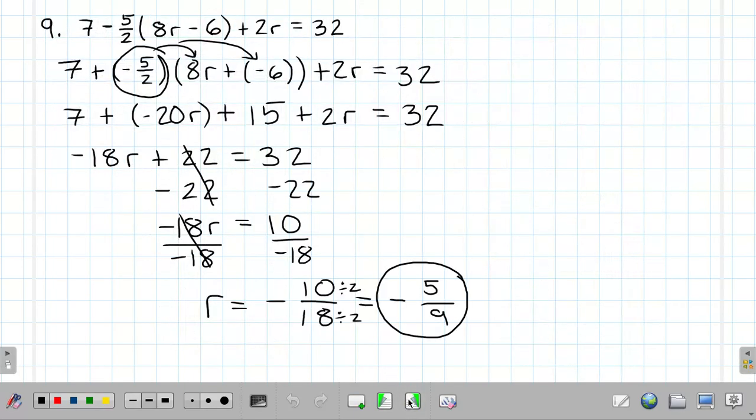Like I said, I know a lot of people look at this and they see all these numbers and letters all over the place, fractions even, and they get overwhelmed. But once again, take it step by step. I strongly suggest writing it as a sum so you can clearly see what you're multiplying together and what you're adding together. That way, when you get to the end, you just have a simple two-step equation to solve.